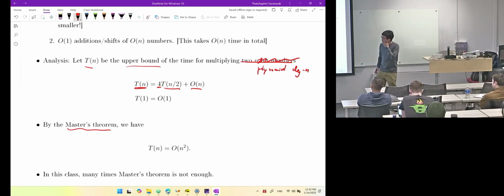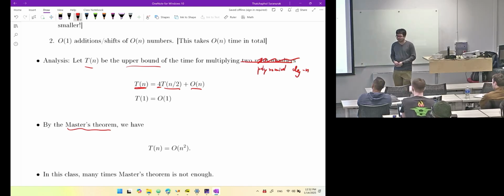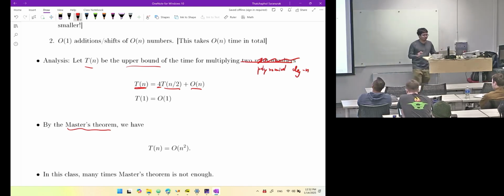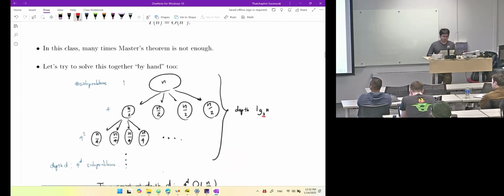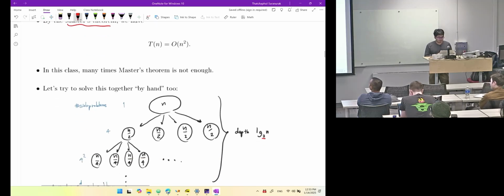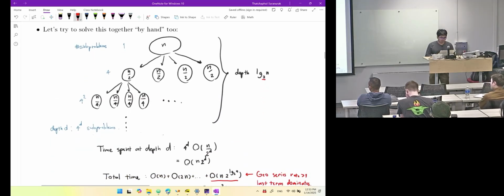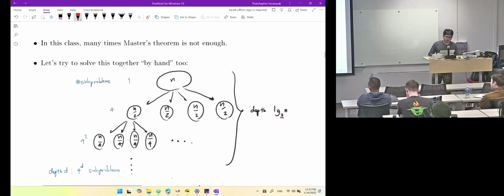And let me at least try to show you how to solve this recurrence directly, right? There are many ways to solve a recurrence. Let me show you one way. What we can do is try to do this thing by hand. The way to look at this is like this.